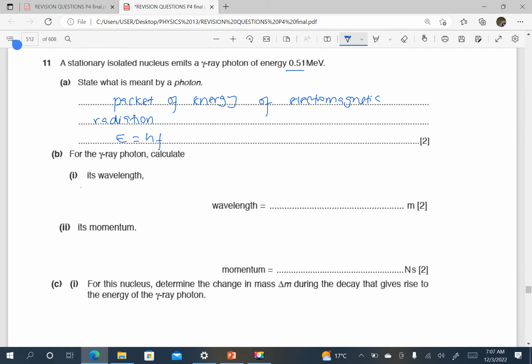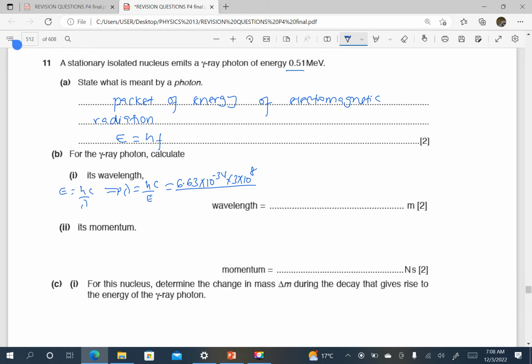So we know that energy is equal to hc over lambda, which means that wavelength is going to be hc over the energy. So I'll simply substitute 6.63 times 10 power negative 34, 3 times 10 power 8, that is the speed of light, divided by the energy.